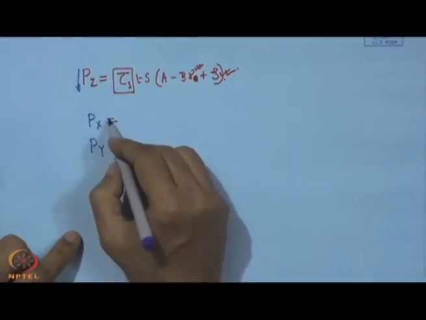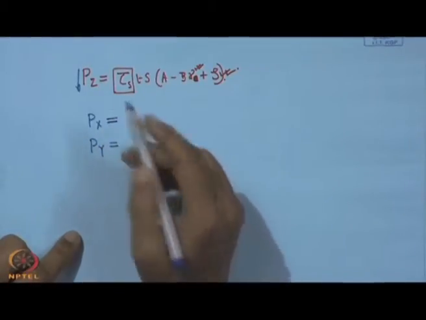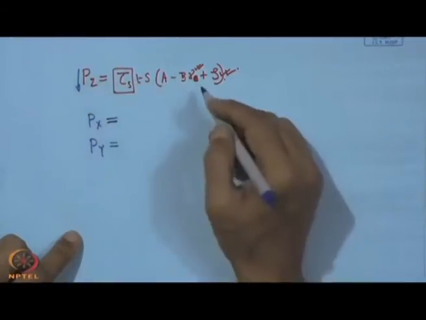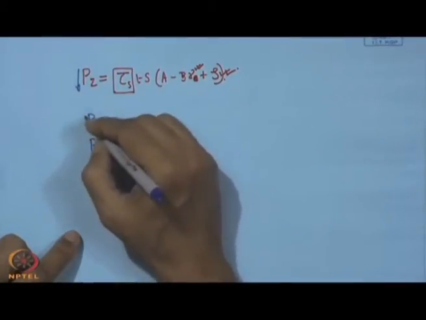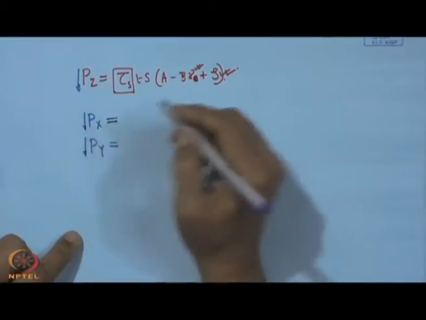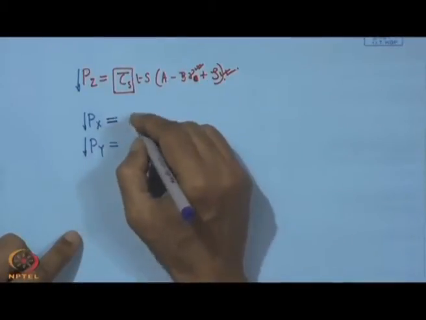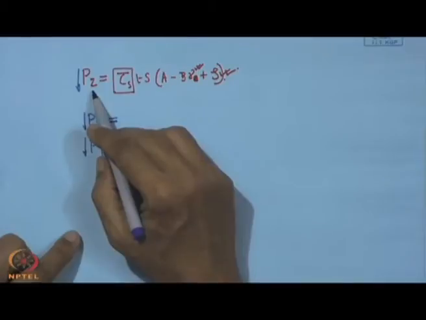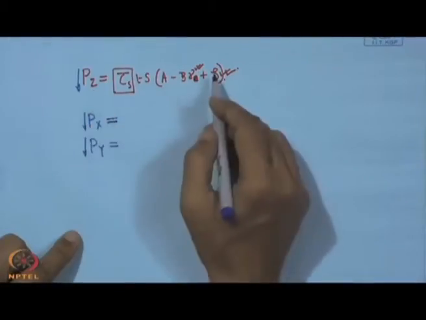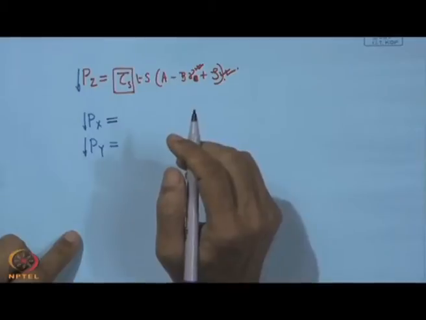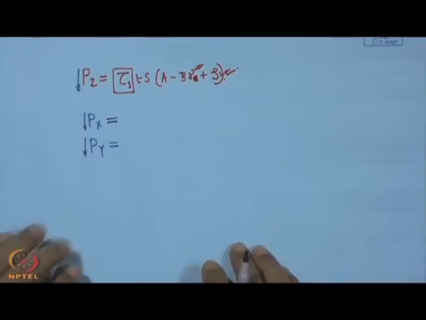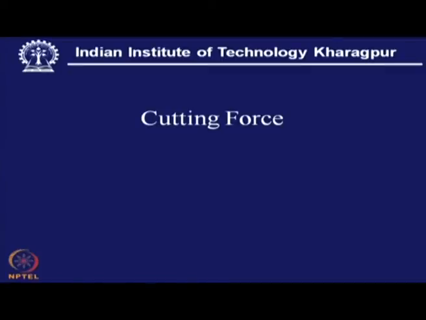Since P z is reduced, overall P x will also be reduced, and P y will also be reduced, because they are interactive. This P z value can be reduced by this reduction of zeta. So, measurement of the cutting force appears to be one of the important steps in determining the capability of the TiN coating.